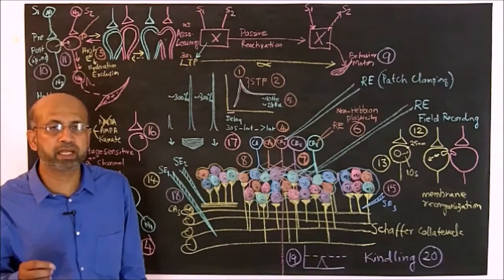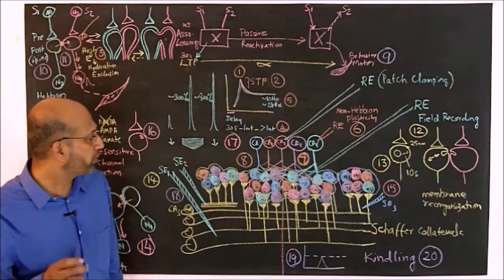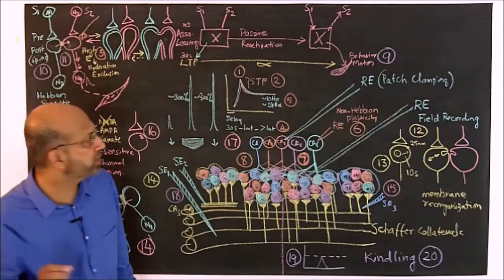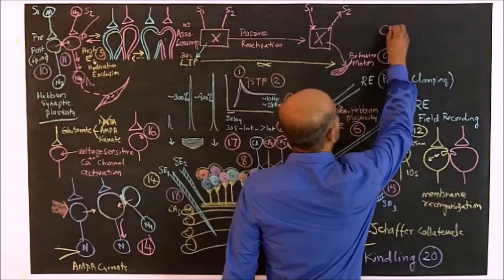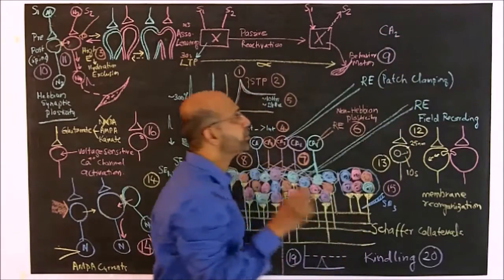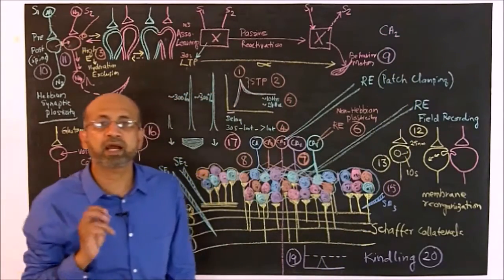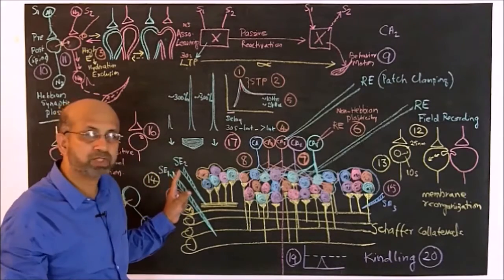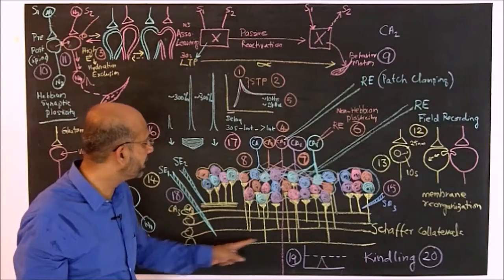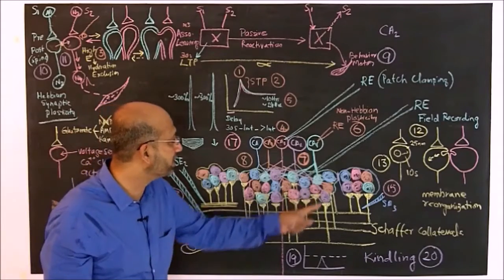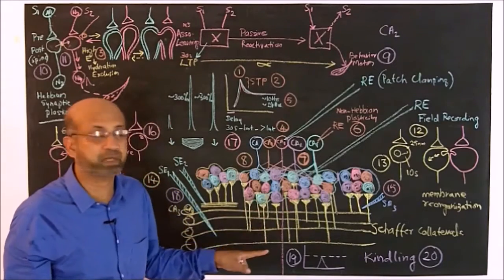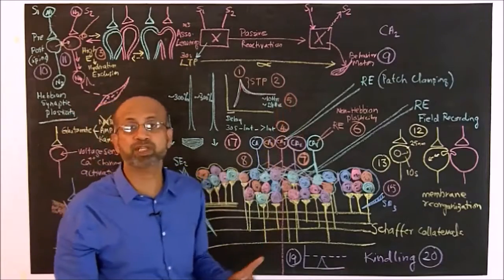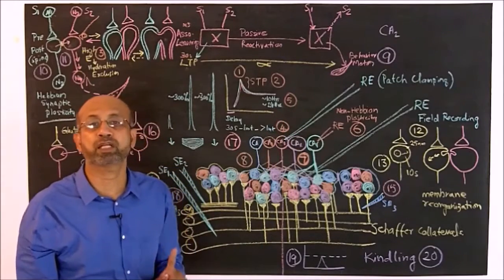Now we will see another feature at one of the regions, called the CA2 region in the hippocampus. The CA2 region is highly resistant to induction of LTP. We have seen that at the CA3-CA1 synaptic region, we can induce LTP, whereas at the CA2 region, we cannot induce LTP.